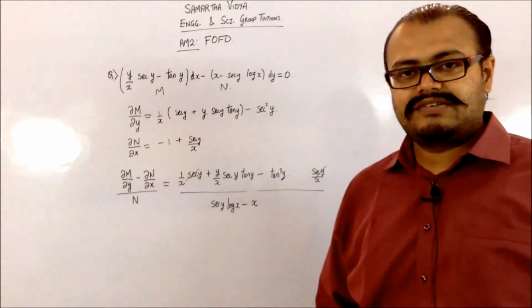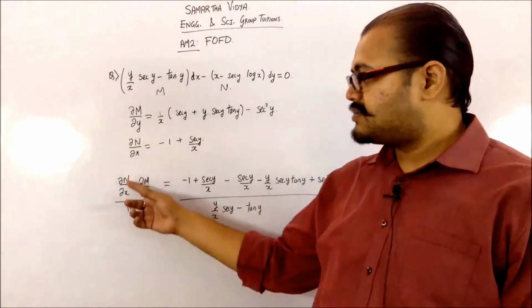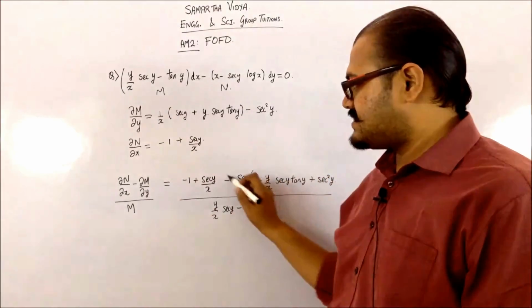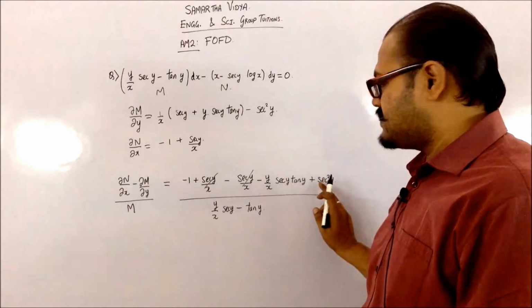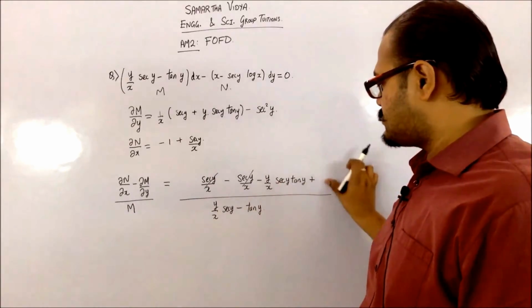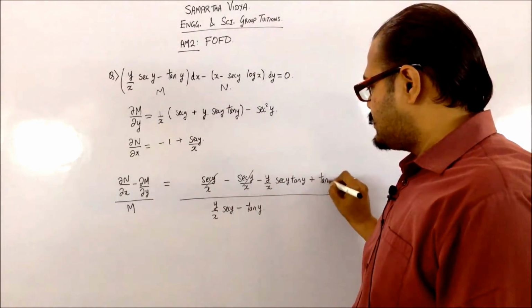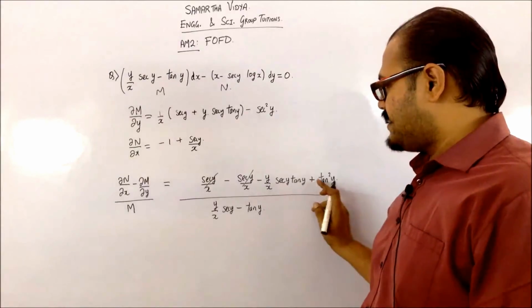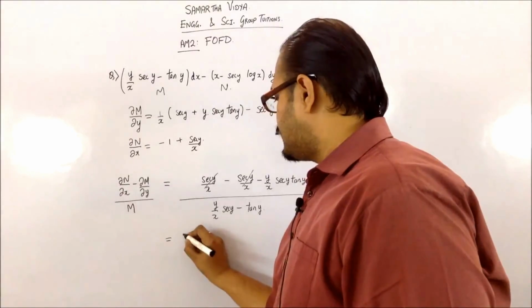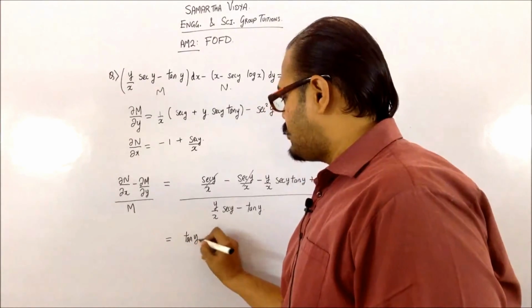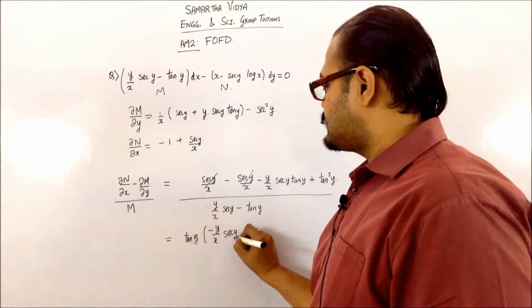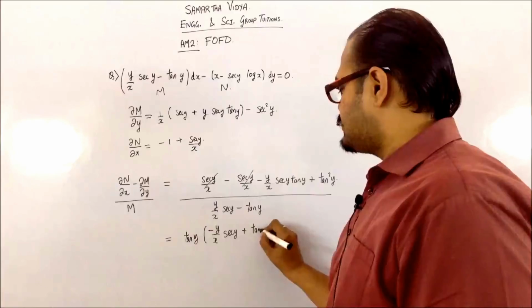So going for the second rule, we have dou n by dou x minus dou m by dou y. When we check the terms, we can see that this gets cancelled out. Then again sec square y minus 1 becomes tan square y, so this will be replaced by tan square y. If we take tan y common from here, we'll be having minus y by x sec y plus tan y.